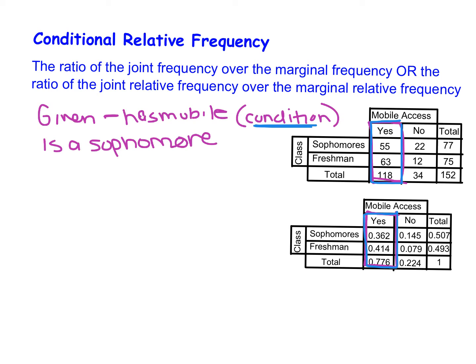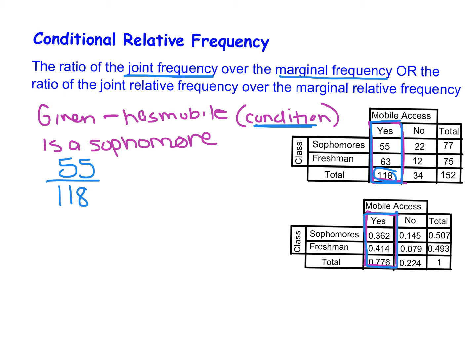So here it's saying that given that we have mobile access, what is the conditional relative frequency that we are also a sophomore? So what we do to calculate this is we take the ratio of the joint frequency over the marginal frequency. So we're basically saying that there are 118 total students that have mobile access. And out of those 118 total students that have mobile access, 55 of them are sophomores.